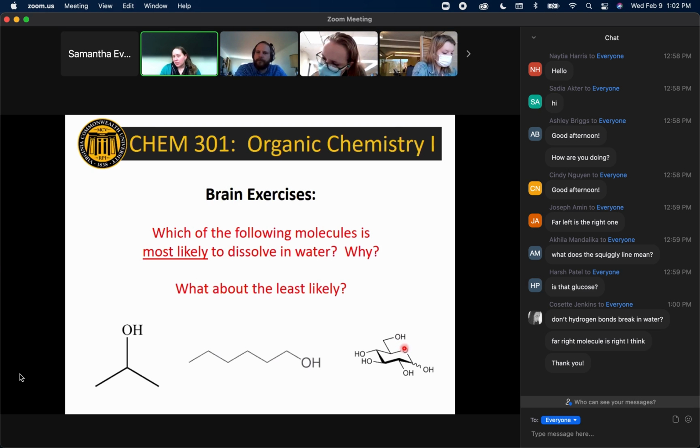So each one of those oxygens and each one of the hydrogens attached to the oxygen, all of those can participate in hydrogen bonds, as can the water molecules, right? So both of these other molecules also have OH bonds, and so they can also interact with water and form hydrogen bonds with water. But we have to think about the molecule as a whole, right?